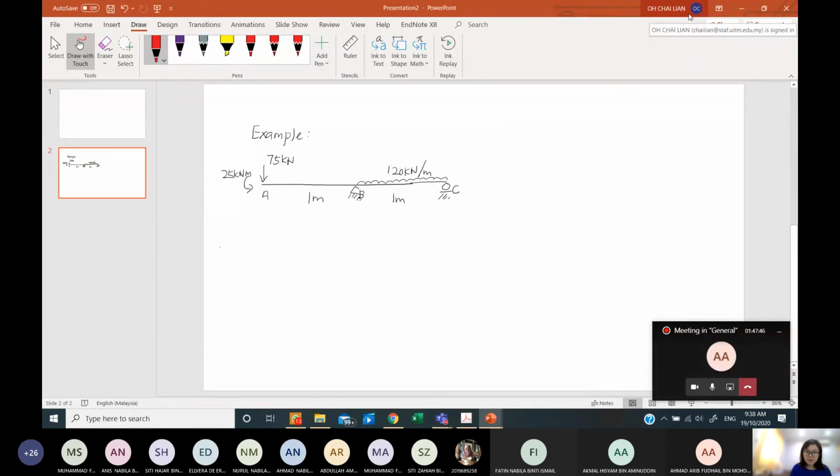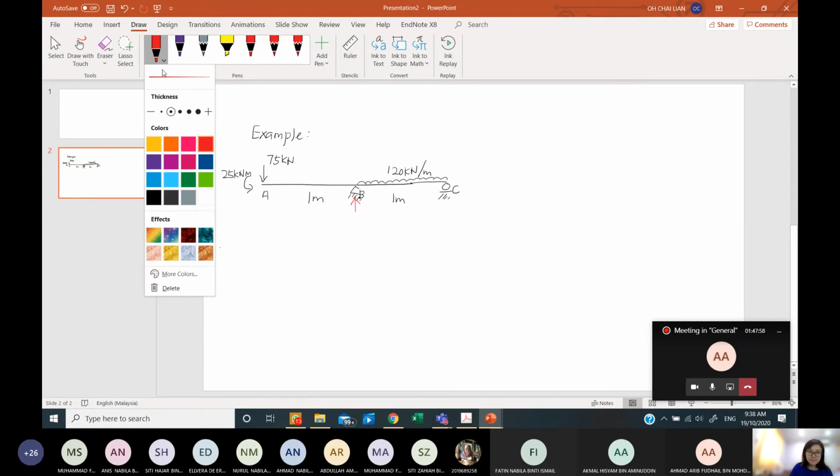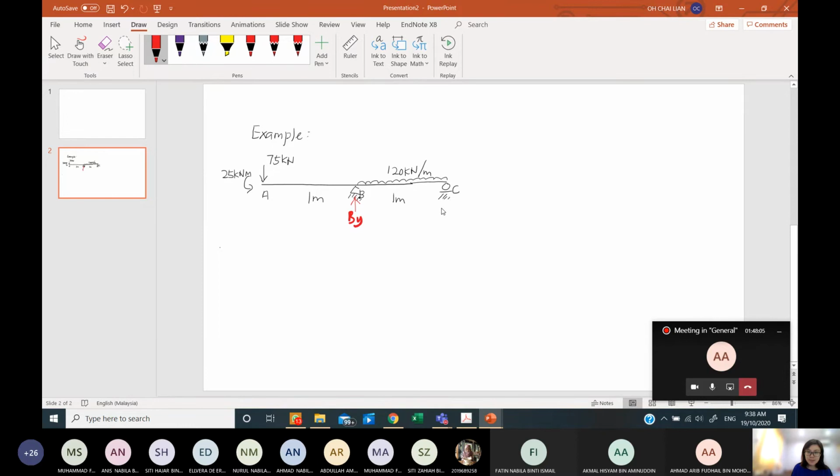We will start now by solving this support reaction. I have only a pin at B, so I have BY here and I have CY here.